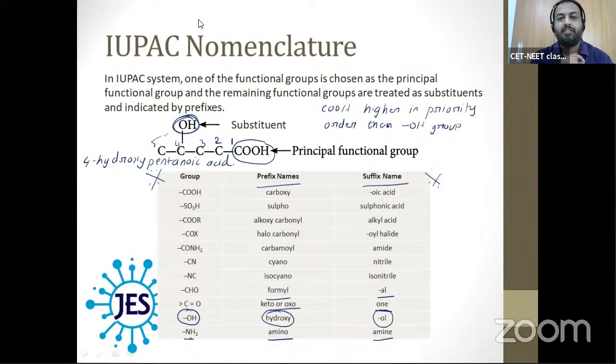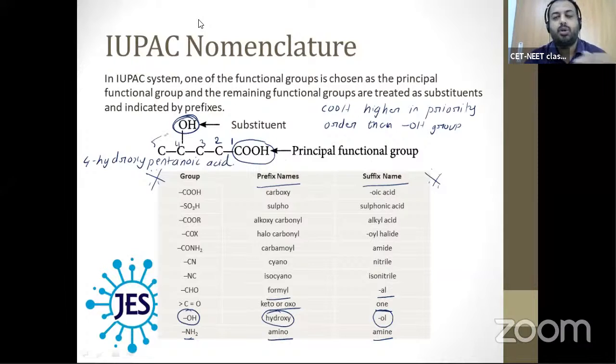Then we started with the IUPAC system of naming organic compounds. Remember, the IUPAC system of naming is a systematic method of naming organic compounds using certain rules and conventions. That's what we checked out last class. Hope all of you have gone through those rules in your NCERT textbook and have come prepared for the class.